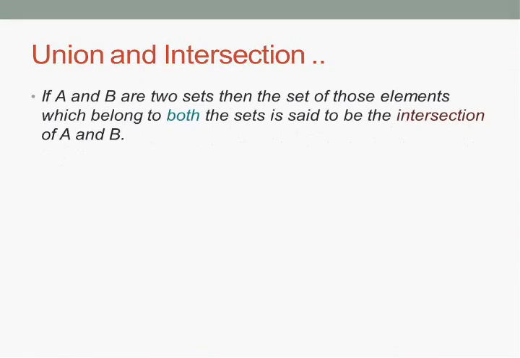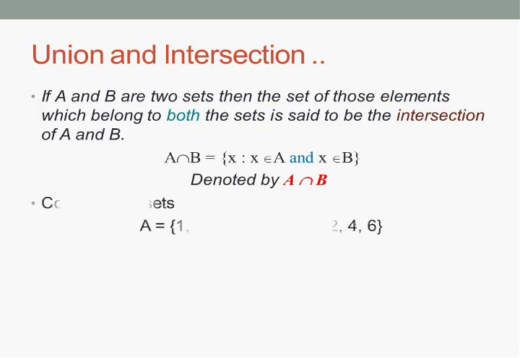Intersection of sets. If A and B are two sets, then the set of those elements which belong to both the sets is said to be the intersection of A and B. Consider the sets A equals {1, 2, 3, 4} and B equals {2, 4, 6}.